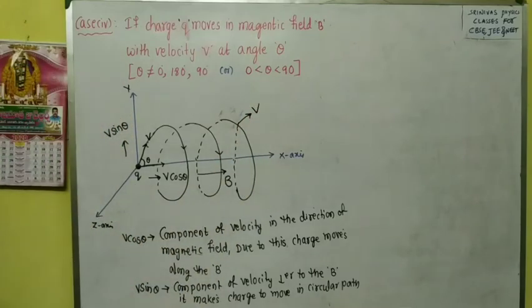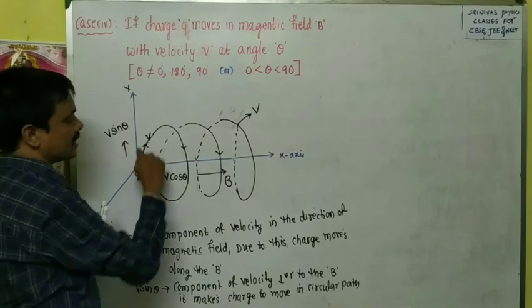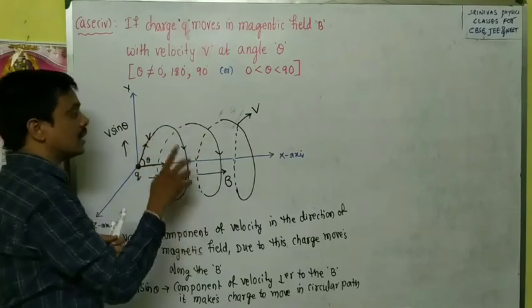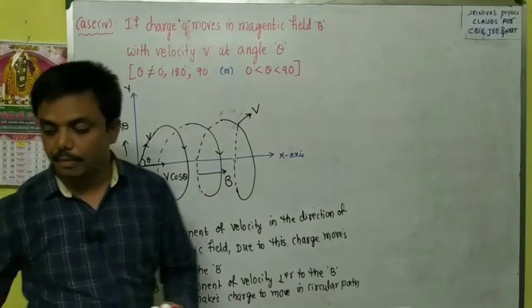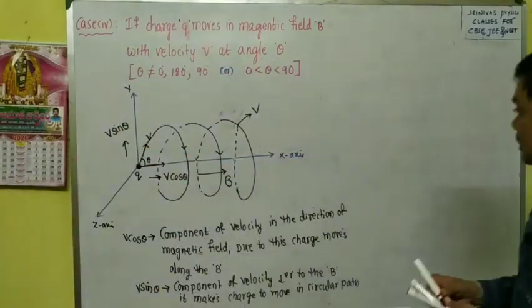Okay, like this it will move. Then what is happening here? The charge is moving in circular path, and the charge is also moving along x-axis. Then the path of the charge will become helical path.